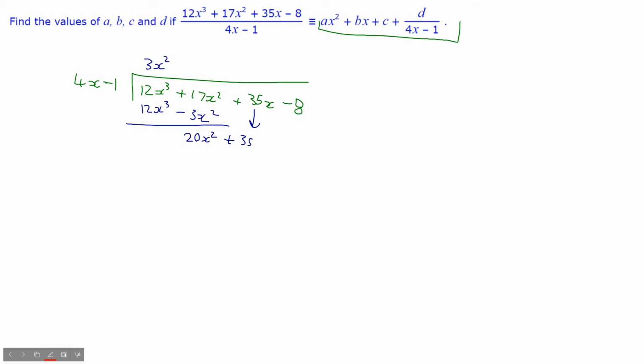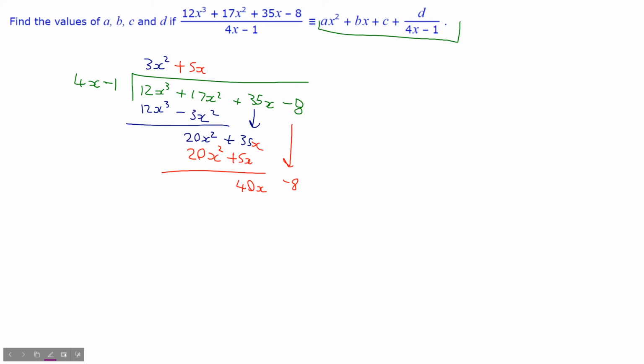It's just going to be plus 5x. 5x times 4x - 1 is going to be 20x^2 - 5x. And what we do is we minus them together. So we're left with 40x. We can put the -8 down.